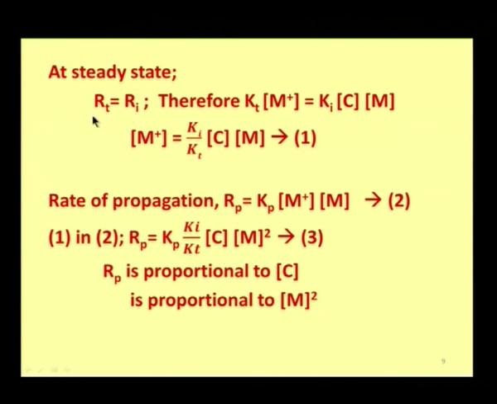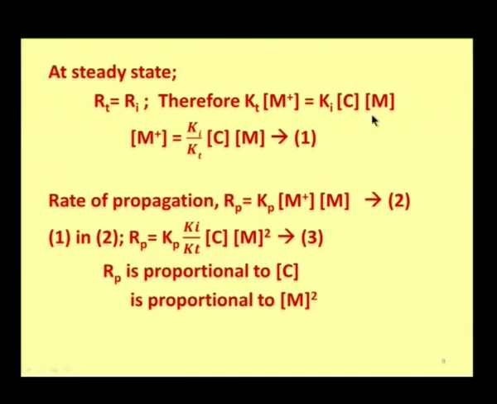That is, the rate of termination is equal to the rate of initiation, that is, those reactions where the carbocation is formed and those reactions where the carbocations are destroyed, the initiation reaction and the termination reaction. Therefore, from the above equations we can write Kt M plus concentration, that is the growing polymer chain concentration, is equal to Ki multiplied by the catalyst concentration multiplied by the initial monomer concentration.